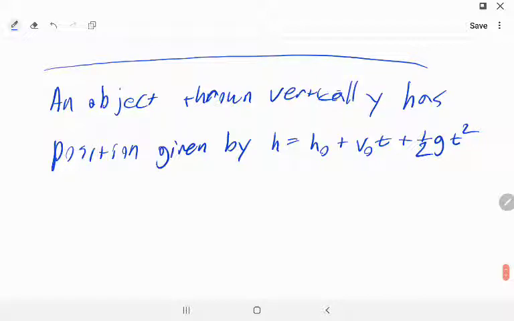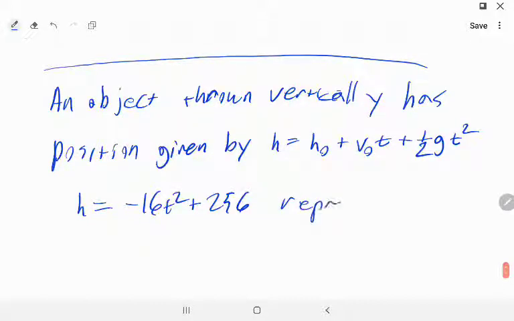And so we notice that if we were told that h, the height of some object, is negative 16t squared plus 256, this basically represents dropping a stone.